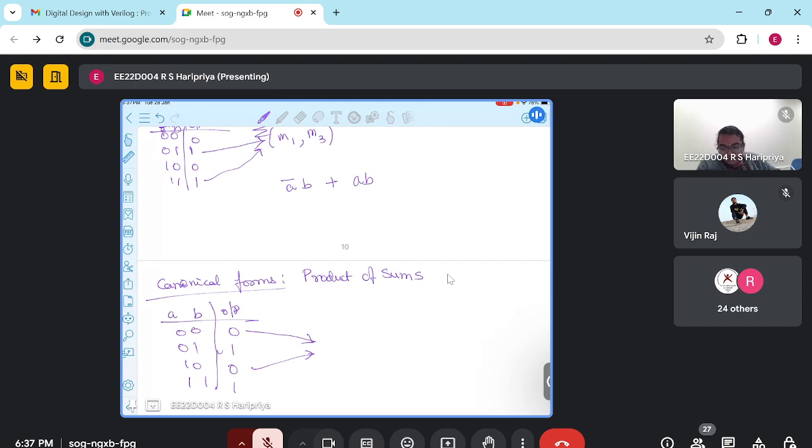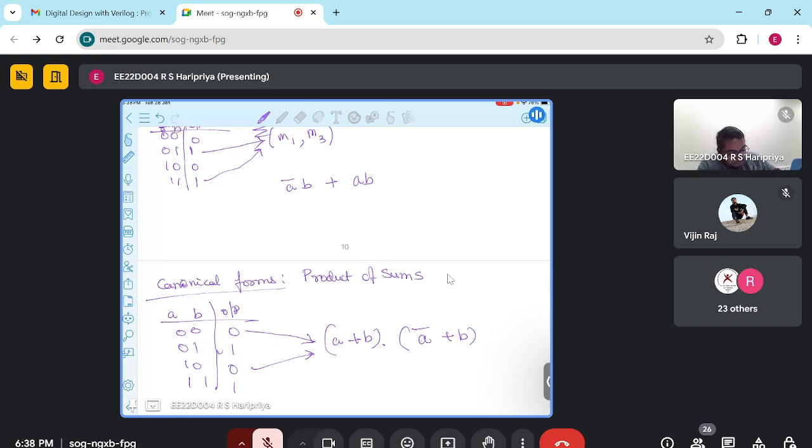Okay, so in each max term a variable xi appears in the uncomplemented form if it is 0, that is A, and this is also 0, so plus B. So you can see it is a sum term, and next, when it is 1, it should be in complemented form.